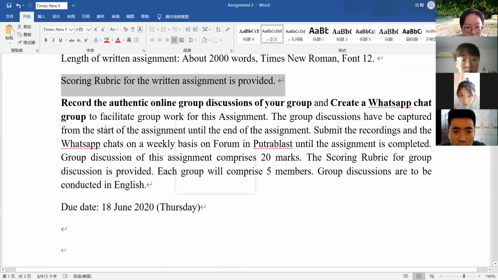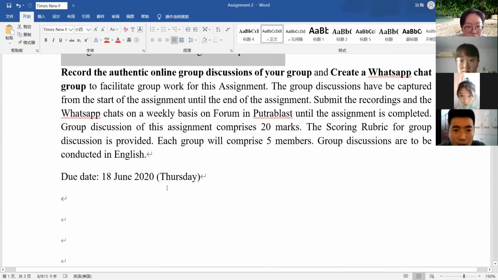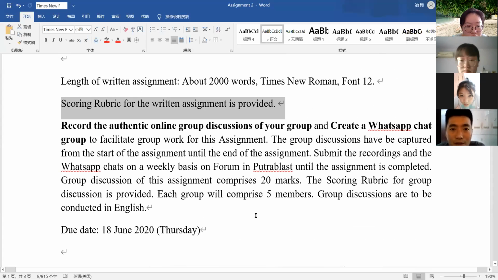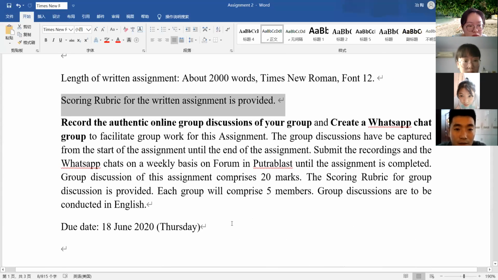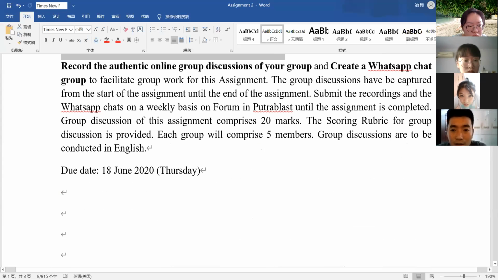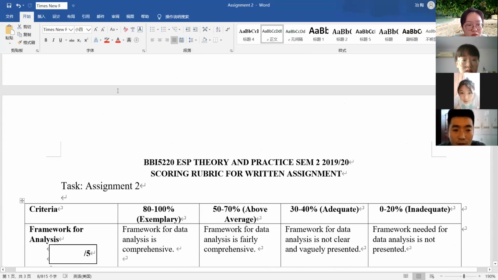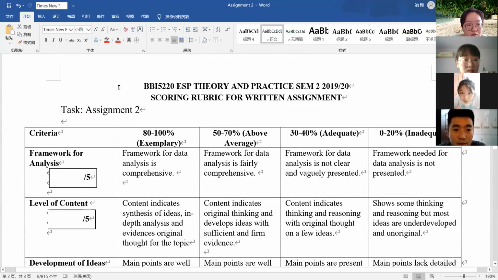So we need to write the assignment according to the scoring rubric. Yes, and the due date is 18th June. I don't know whether you can see it or not. Yes, we can see it.